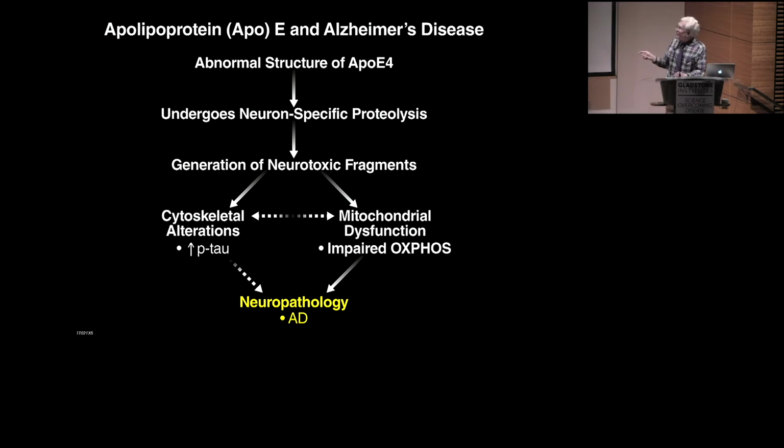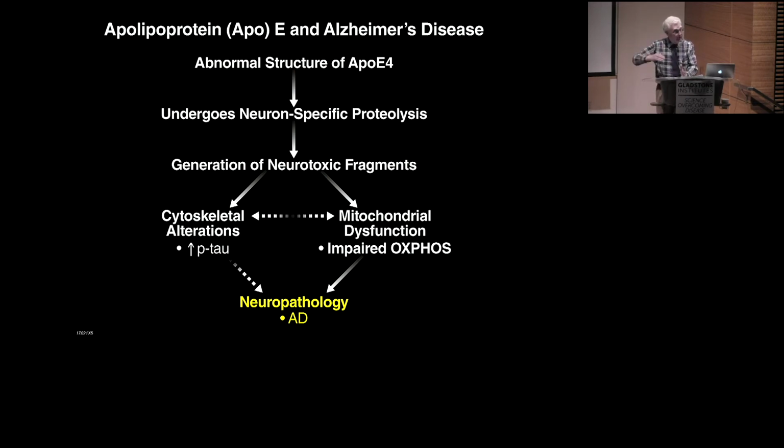I have described for you the importance of the abnormal structure of ApoE4, in which there is domain interaction that leads to the abnormality that stimulates the neuron-specific protease. The protease, as I have shown you, is a serine chymotrypsin-like protease. The fragments generated by this protease range in molecular weight from 12 to 29 kD, and they are lacking the carboxy terminal domain.